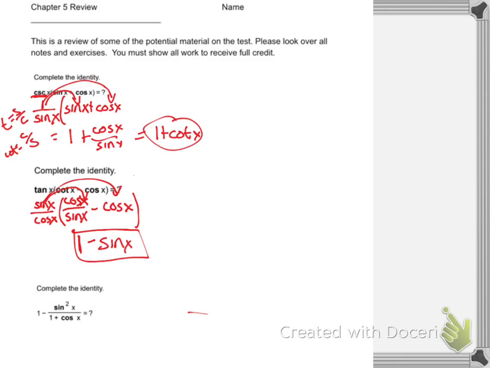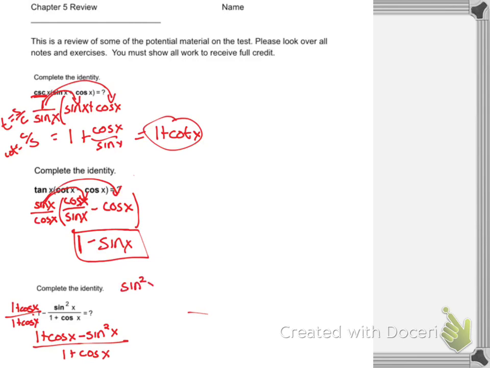For example, number 3 here, we see that we have to complete this identity as well. My first step was to get a common denominator, so I multiplied the 1 by 1 plus cosine x over 1 plus cosine x. That gives me 1 plus cosine x minus sine squared x all over 1 plus cosine x. We have that Pythagorean identity that I'm going to use.